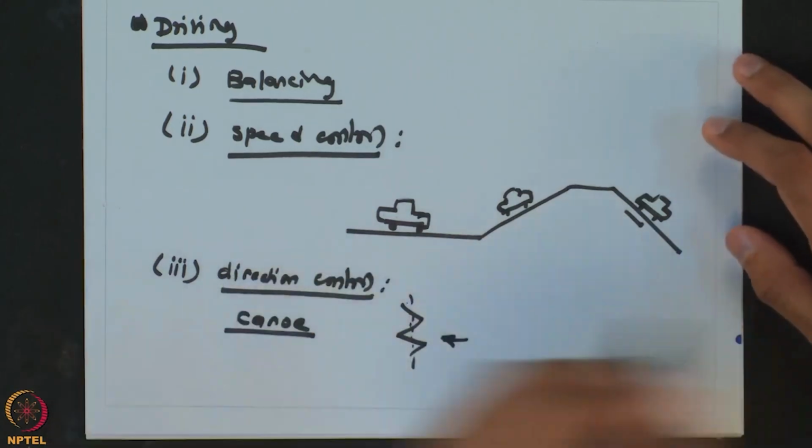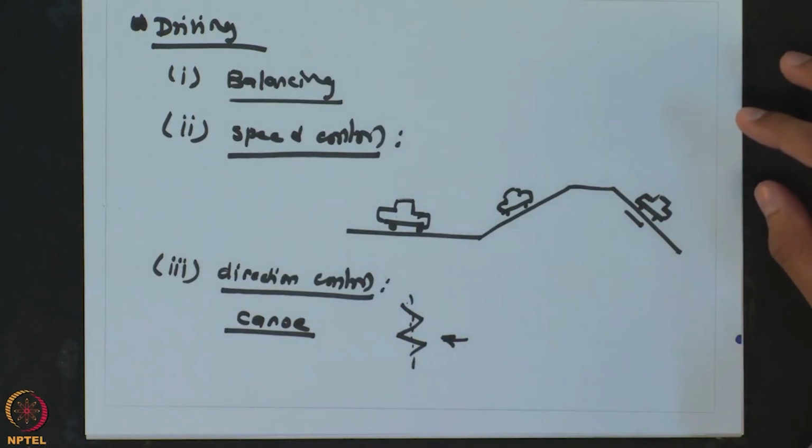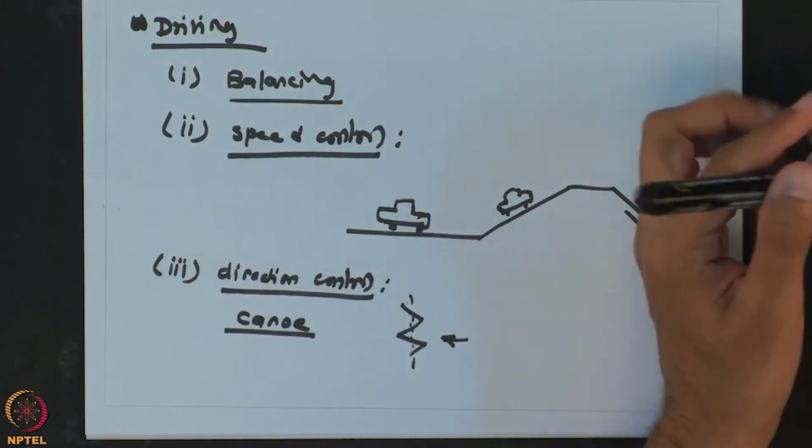So direction control again is based on feedback. Depending on whether you are swerving away from your direction, you will take some control action. All these examples are of feedback control which are in general used.